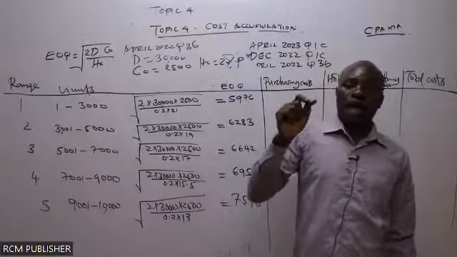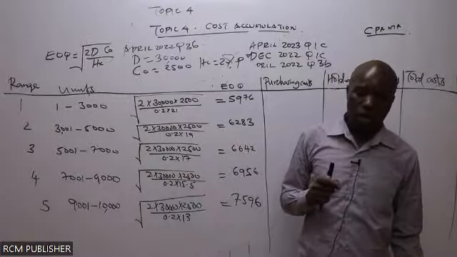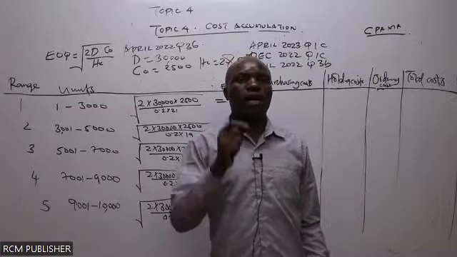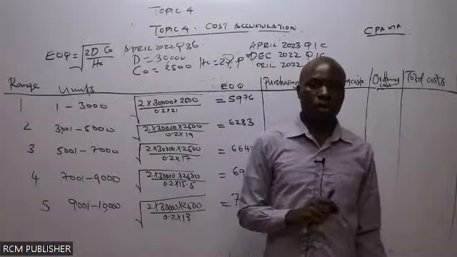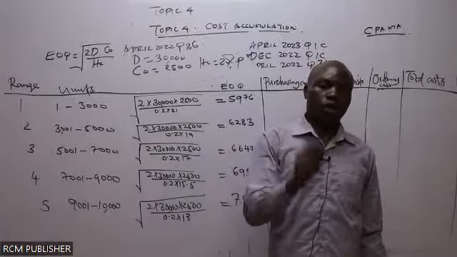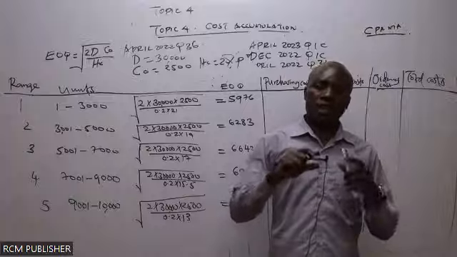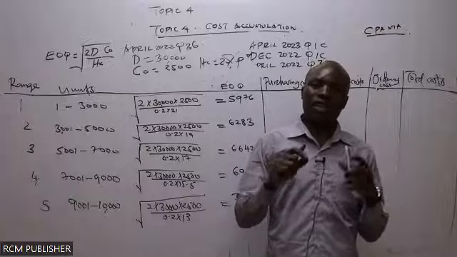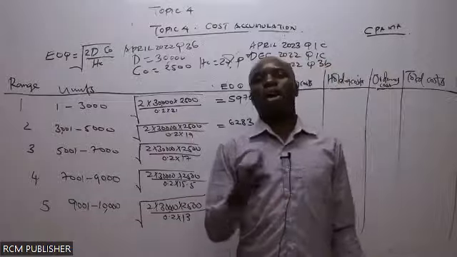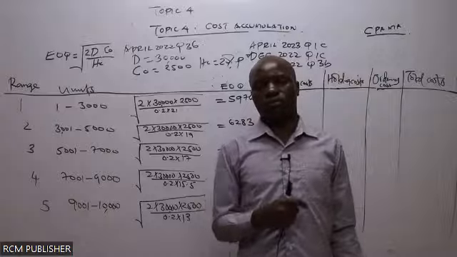We cannot order anything below the economic order quantity. So if everything within the range is less than the economic order quantity, we are not going to accept that discount.